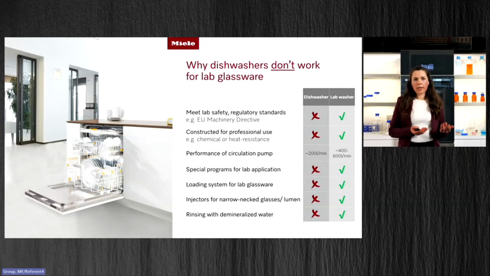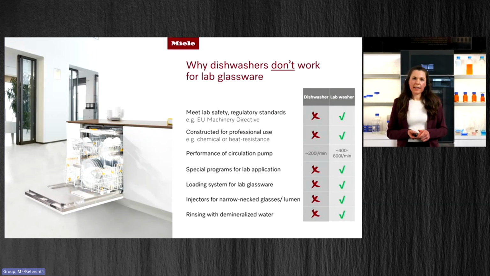As Michael mentioned earlier, in lab glassware cleaning we have different alkaline cleaning agents and acids for neutralization, and these can really damage the internal components of a domestic dishwasher. The valves and the dosing system are not made for these kinds of substances. Domestic dishwashers also have a much weaker circulation pump, so they are designed for cleaning dishes, but not complex laboratory glassware that needs more precise and more powerful cleaning.